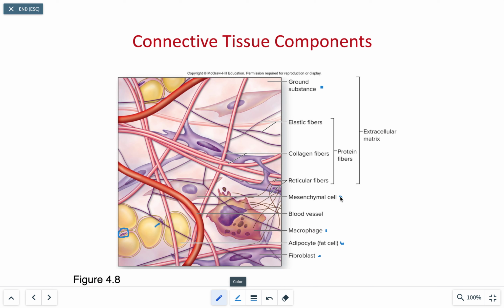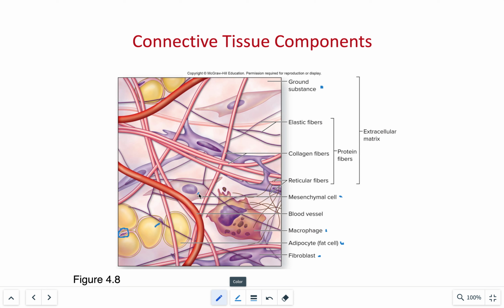And most importantly, all connective tissues are derived from the mesenchymal cells, and they're actually located within all connective tissue as a resident cell. Mesenchymal cells are a type of embryonic stem cell. So if there is injury, this mesenchymal stem cell right here will divide due to a local injury.